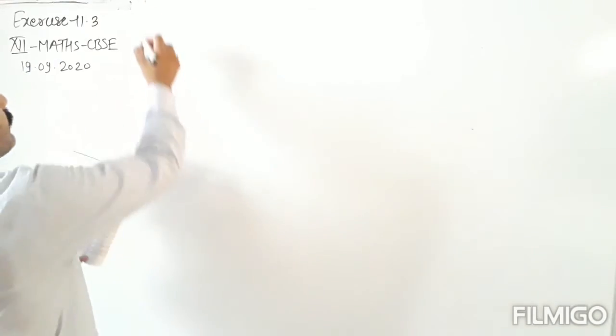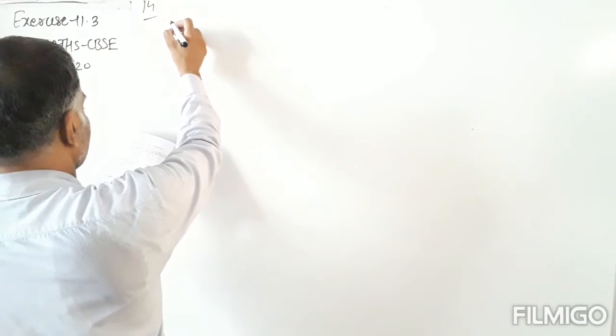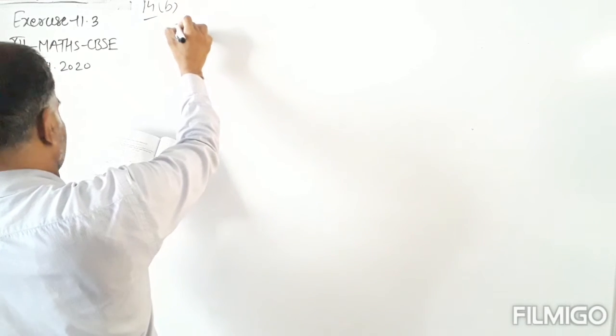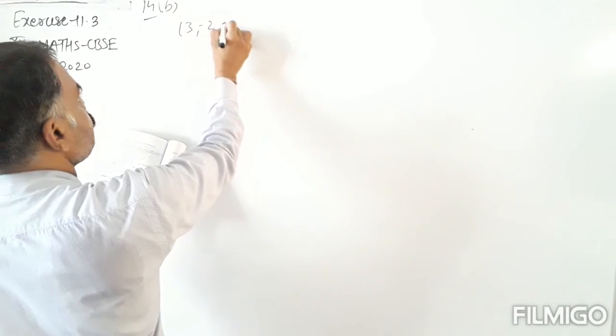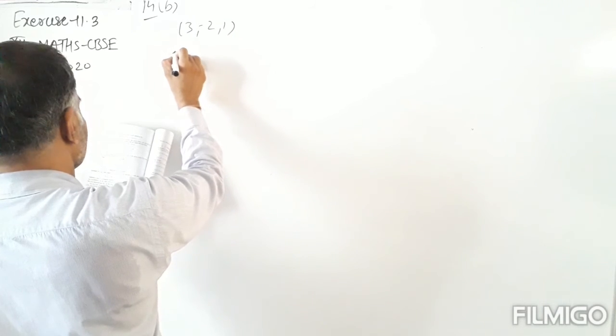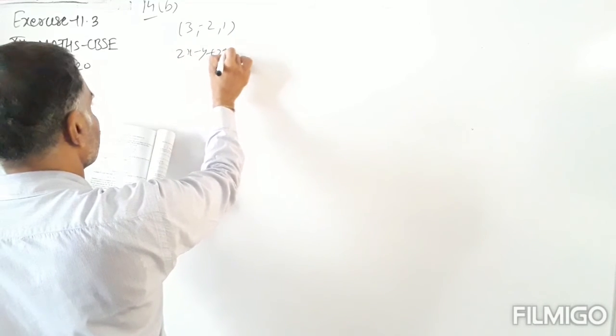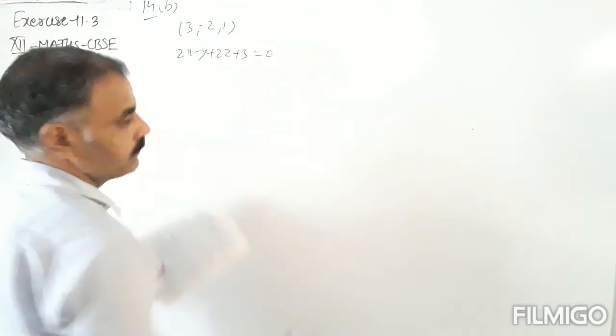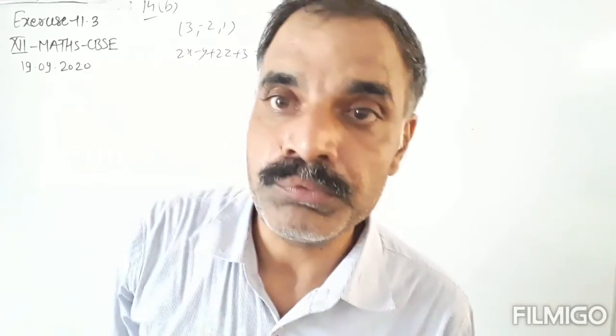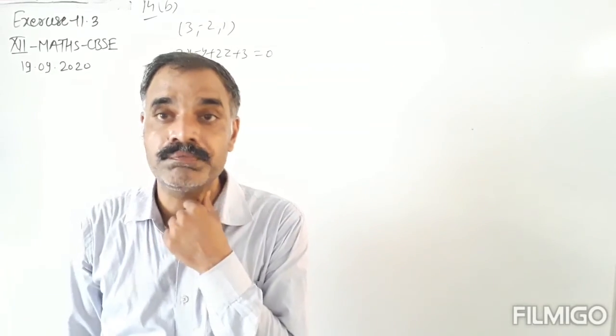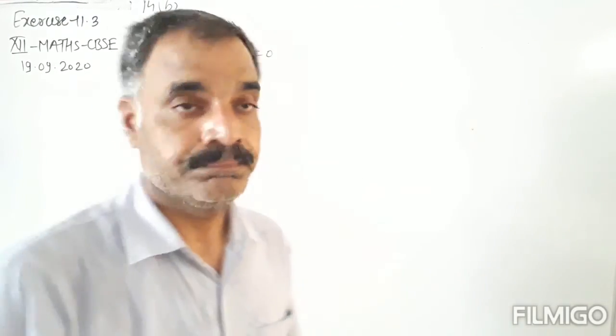In part B, the point is given as (3, -2, 1) and the plane is given as 2x minus y plus 2z plus 3 equals 0. We have to find the distance of the given point from the given plane.